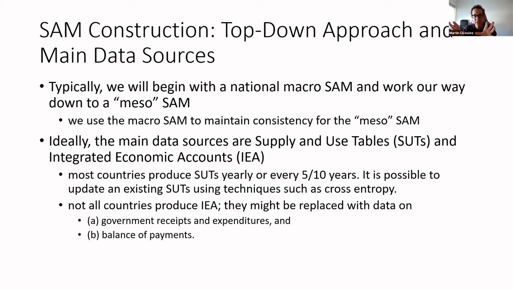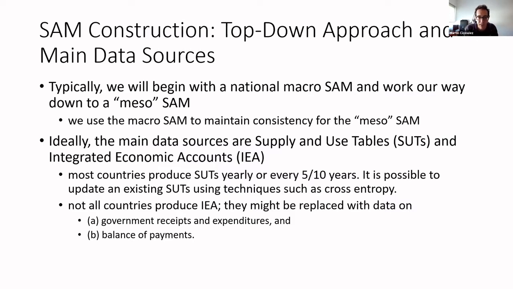And once we have that, we are going to assume that it is true, in the sense that we are going to use that macro social accounting matrix as control totals for building the more disaggregated social accounting matrix, which we are going to call a meso social accounting matrix. We are not calling it micro because we are going to be working at the sectoral level.